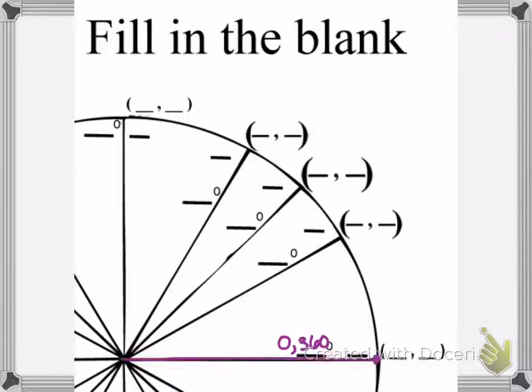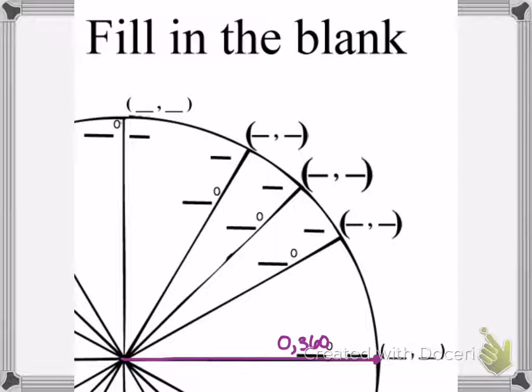So the first thing we're going to do is this first angle. If you look at the very first angle of your circle, this is where we're going to start counting from. This point right here is either 0 degrees or 360 degrees, depending on if you're starting the circle or if you've gone all the way around and you're back to 360. You know a circle has 360 degrees in it, so that whole circle would be that.